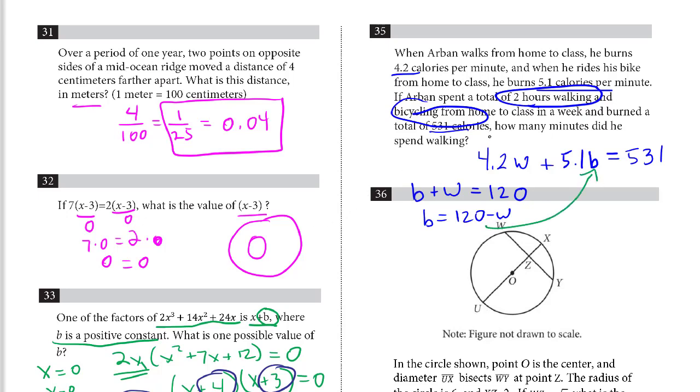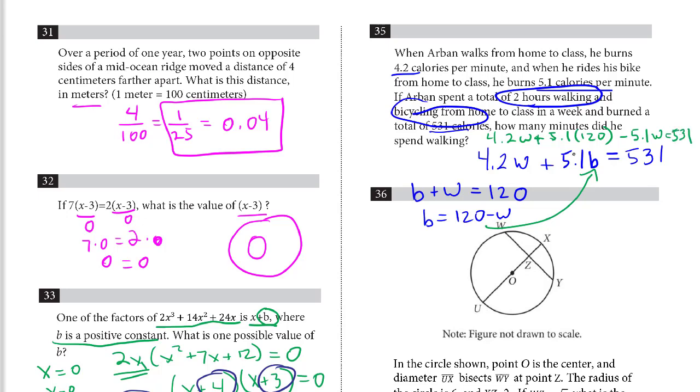I'll get 4.2 W plus 5.1 times 120 minus 5.1 W equals our 531.